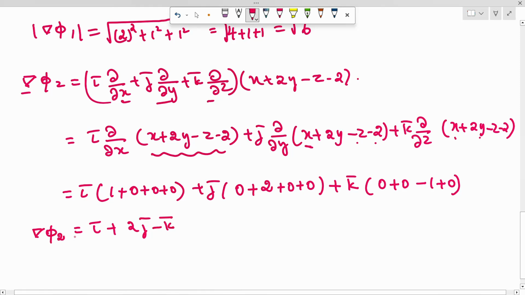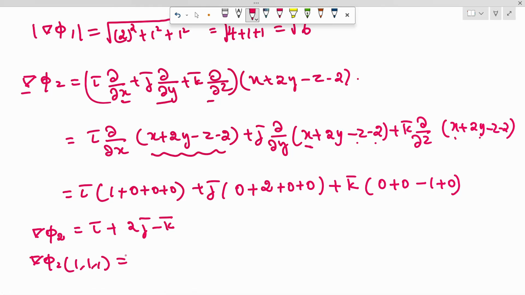del phi 2. If we substitute the given point 1 comma 1 comma 1, we have to calculate del phi 2 at 1 comma 1 comma 1 also. But in this del phi 2 there are no variables, which means again we will get the same I vector plus 2 j vector minus k vector only.